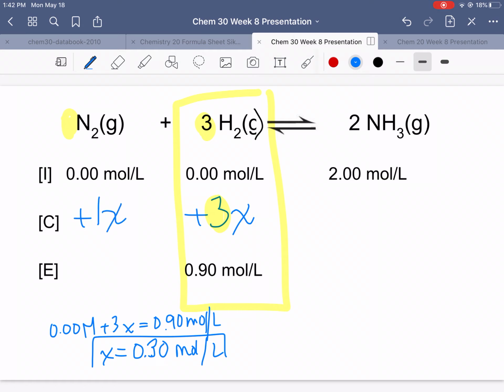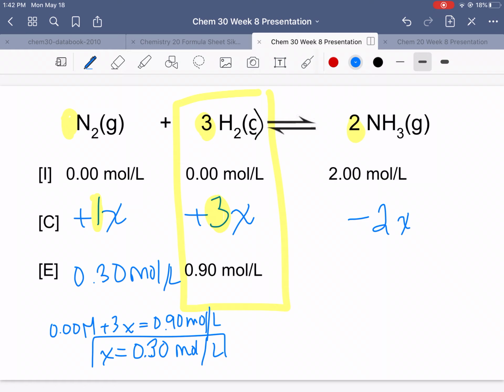And it's going to increase by a factor of 1x. 0 plus 1x, this is going to be at 0.30 moles per liter. Vice versa, the ammonia is a product. It's on the other side. Take note of that. It has a 2 as the coefficient. So it's going to go down by a factor of 2. Why is it going down? Because it's the product and the reactants are going up. They always have to be opposite of each other. Always, always. So minus 2x.